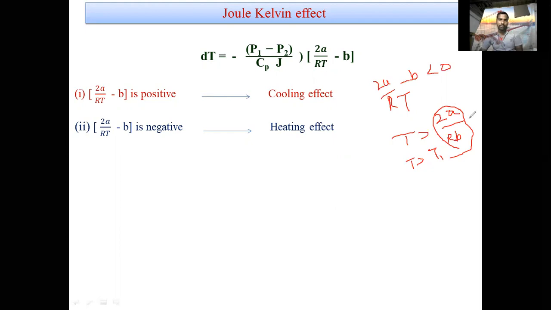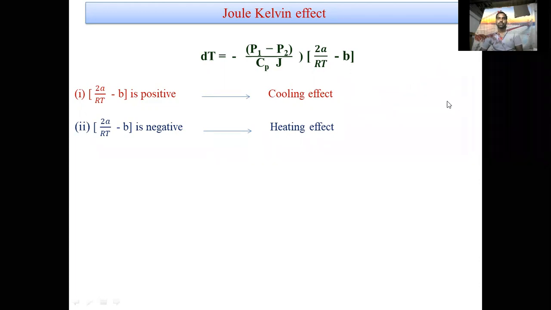Now another one, the final case. Suppose 2A by RT minus B is equal to 0. This is 0, so there is no effect, no cooling and no heating effect.